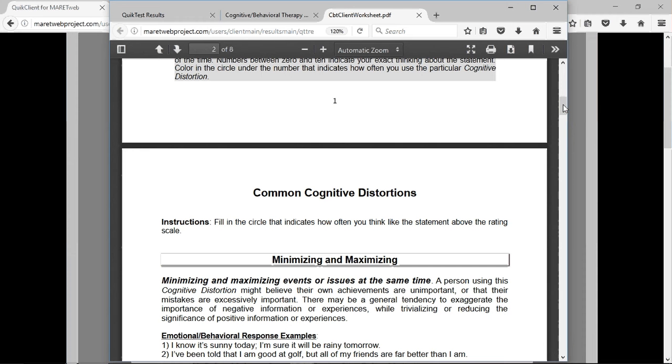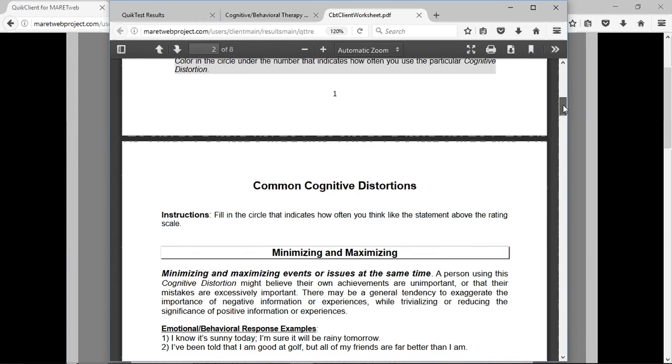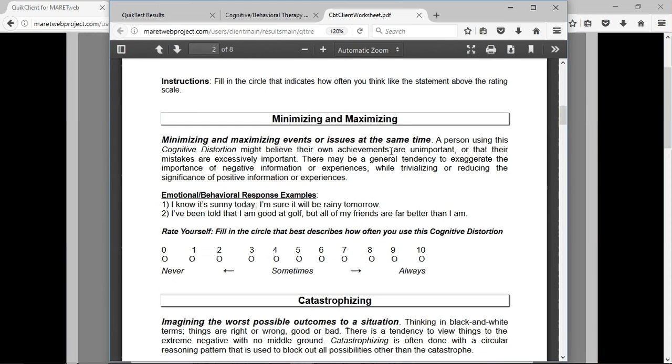What I foresee, though, is that you can give this to the client who is very motivated to change their situation, to work through issues, have them read through each of these statements and rate themselves. 0 meaning I never do this, I never use this mechanism. 10 being I use it every minute of every day.